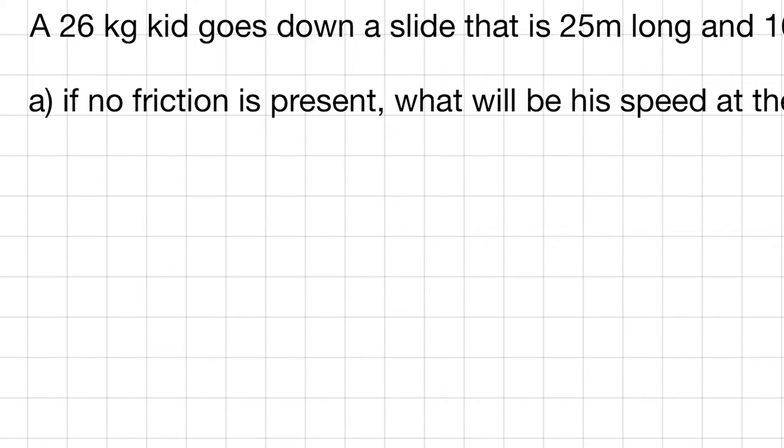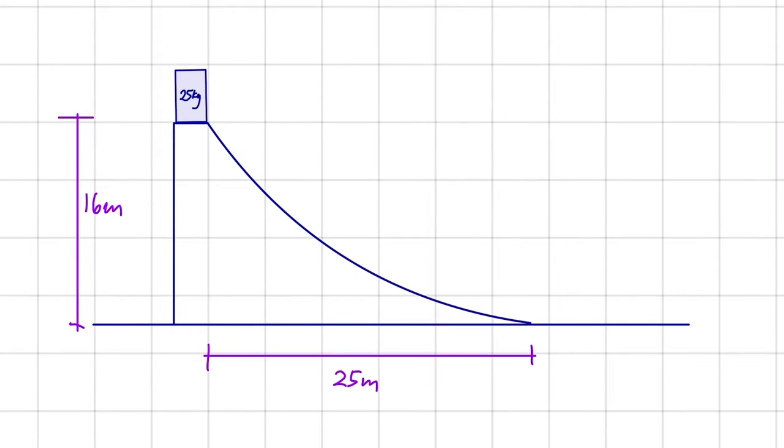Now the rule that we're going to use here is that the energy at the start is equal to the energy at the end. So his energy that this young guy holds at the start will be equal to the energy at the end.